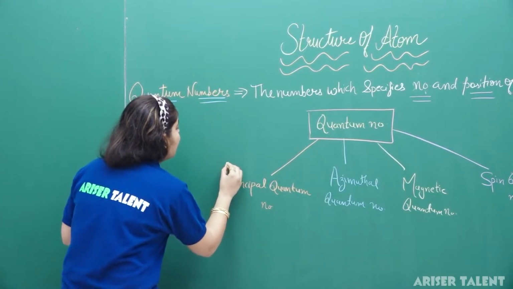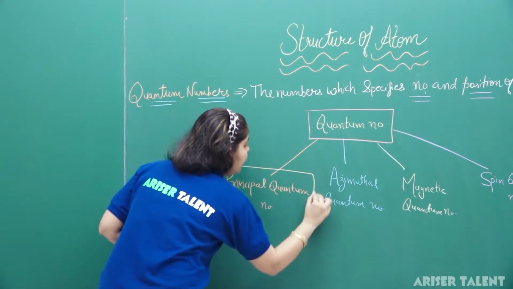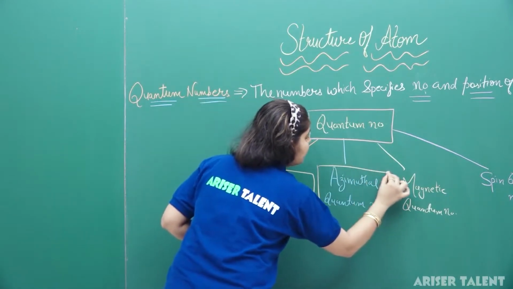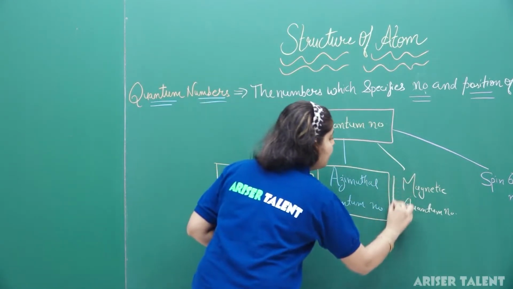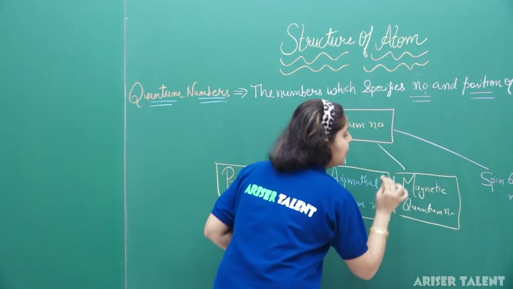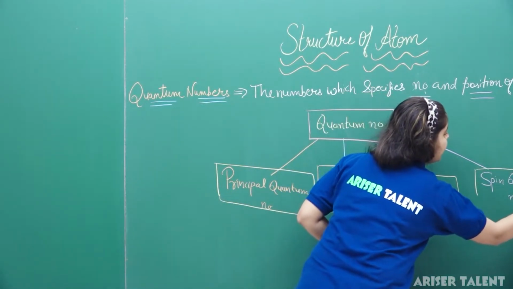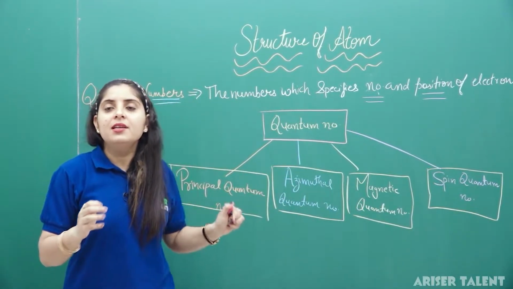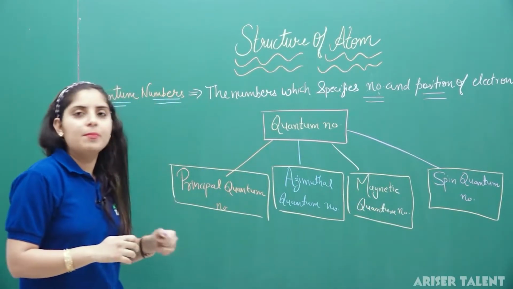So these are the four categories in which the quantum numbers are basically classified. Our first category is principal quantum number, second is azimuthal quantum number, third is magnetic quantum number and the fourth is spin quantum number. Now students, we will deal with these four classifications one by one.